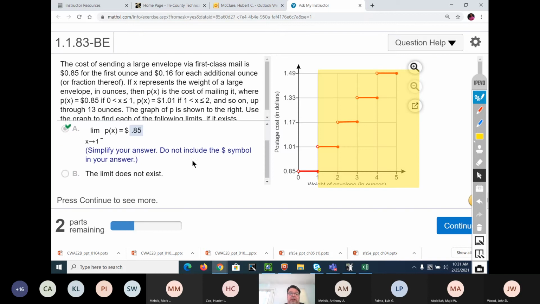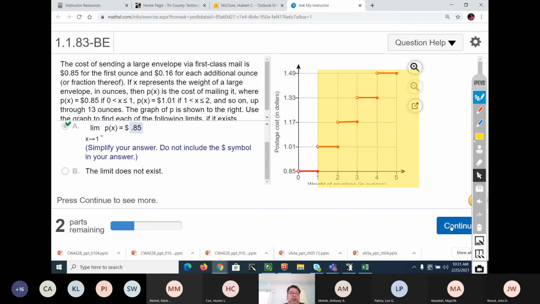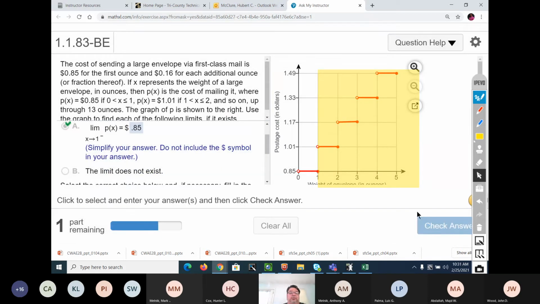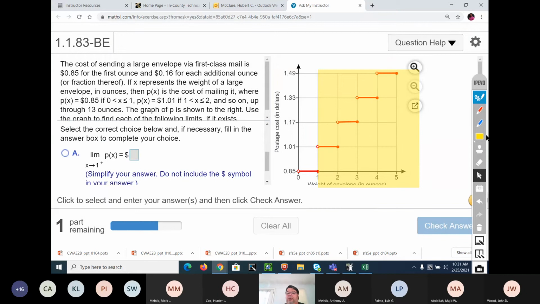Next, what does it say next? Continue. And it says from the right. So now I'm going to cover up the left. As I approach from the right, what am I approaching? 101. So I type in 101.